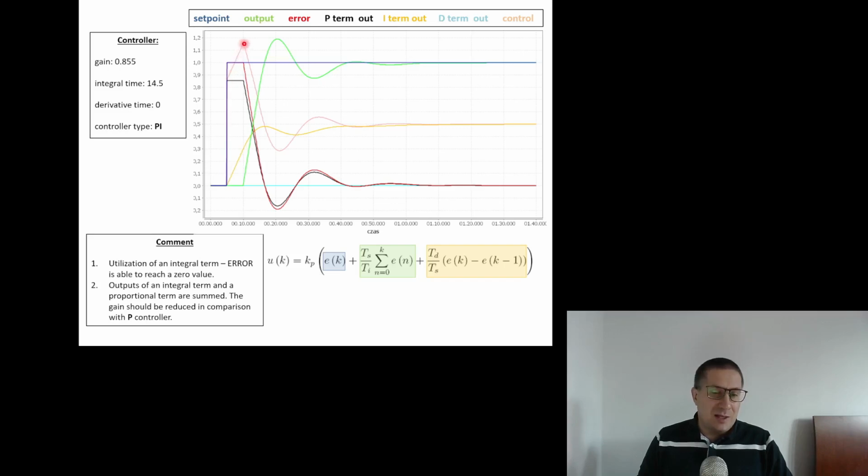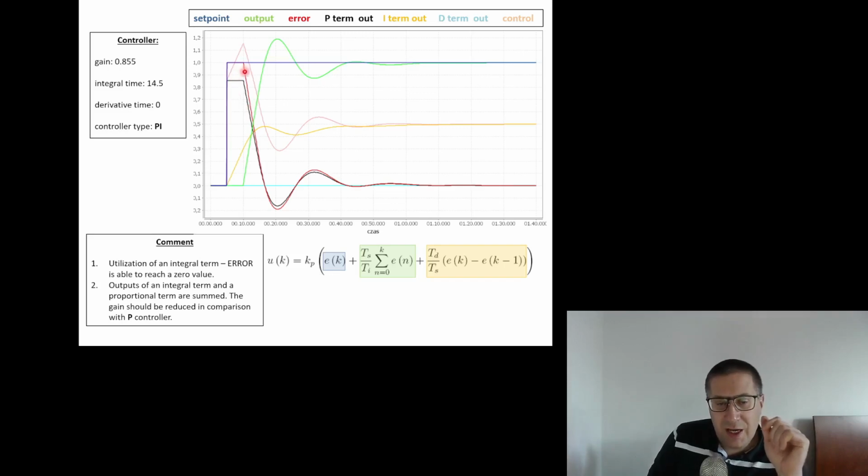And after a while, we see the plant response: the temperature starts to rise, the error drops, the proportional term output also decreases proportionally to the current value of the error signal, but the error is still positive, right?